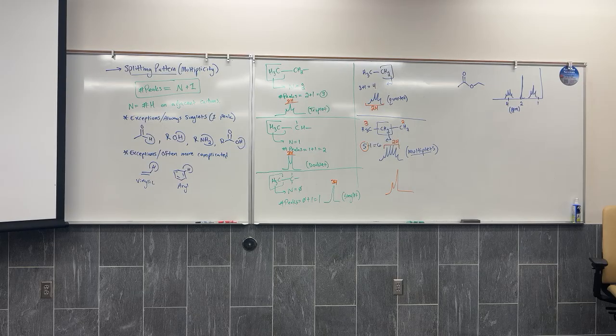We talk about hydrogens. And how many hydrogens are on the carbon? Yeah, so the singlets are the ones that have no neighbors, no neighboring hydrogens. So our CH3 on the left doesn't have any hydrogens to the right of it or to the left of it. So that's the singlet. Good. 3H.